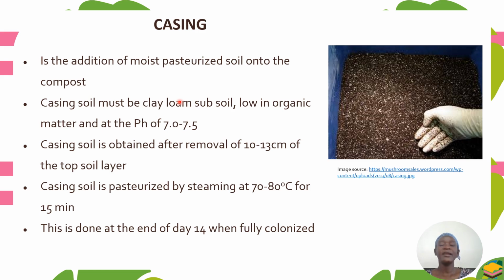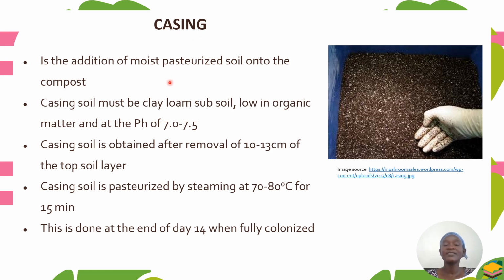This little amount of soil added to the substrates where mushrooms will be grown is supposed to be pasteurized, sterilized. So the addition of moist pasteurized soil onto the substrate or compost is what we call casing.